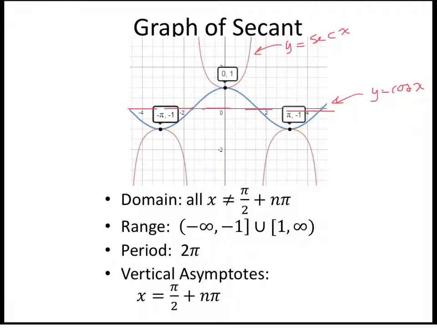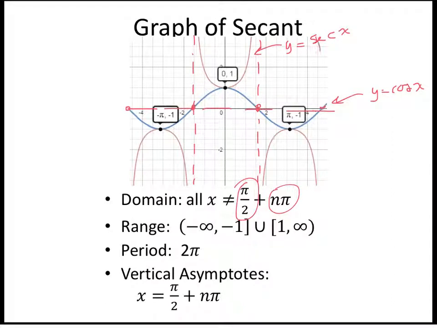Only my domain limitations, they still happen where my cosine function crossed the x-axis, right? But because of where cosine crosses the x-axis, my asymptotes are going to happen there as well. But cosine crossed the x-axis at intervals of pi over 2 plus or minus so many pi, right?